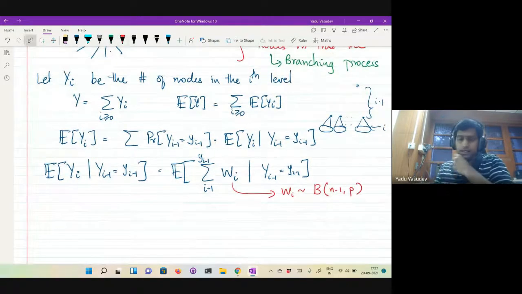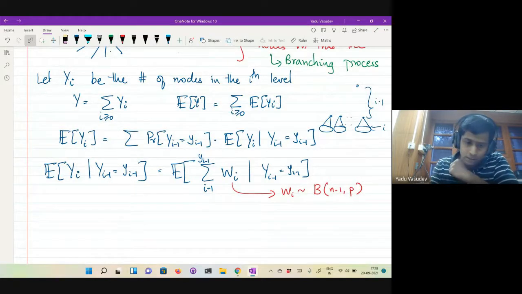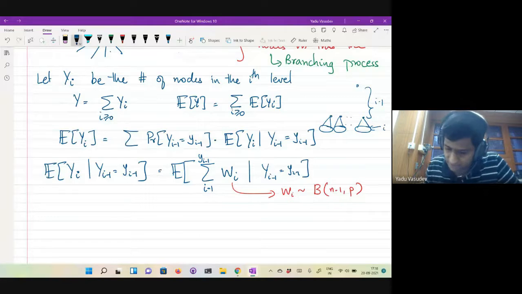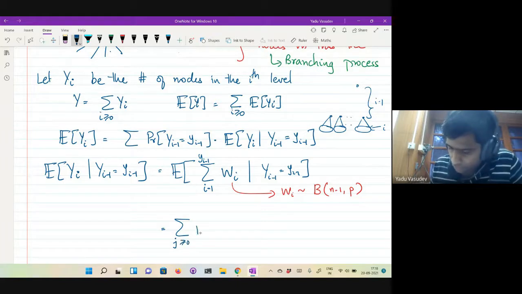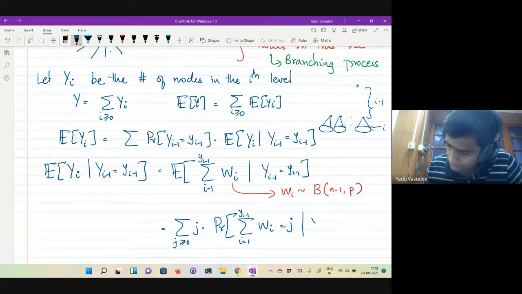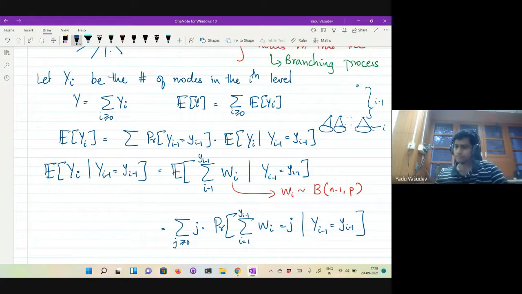So this is what we really want to compute. Let's just expand this out. This is the summation over j greater than or equal to 0 of j times the probability that this summation equals j, given that Y_{i-1} is equal to y_{i-1}.